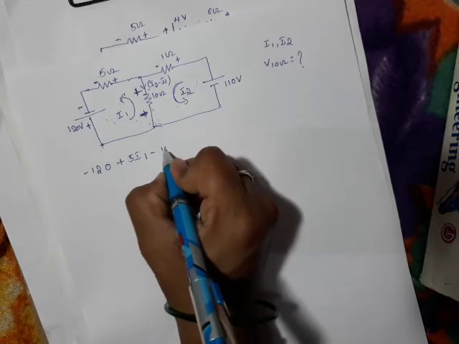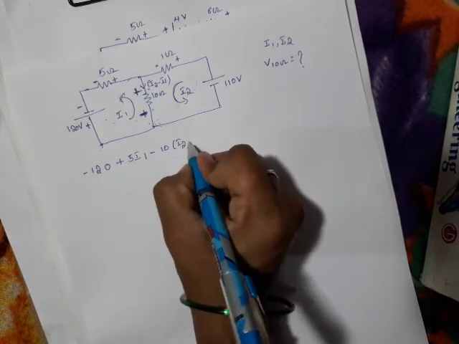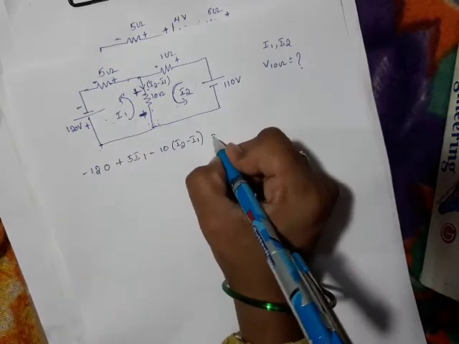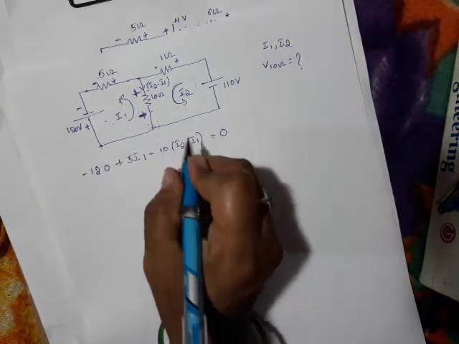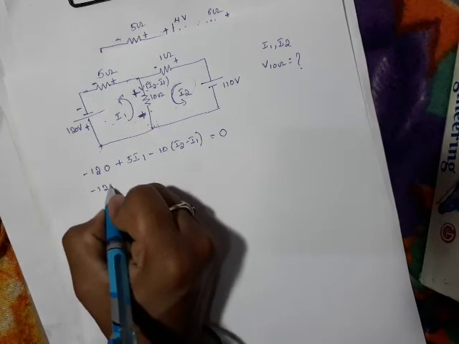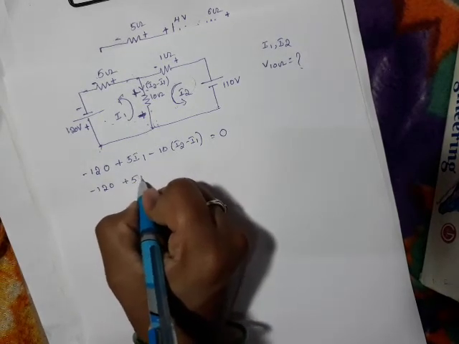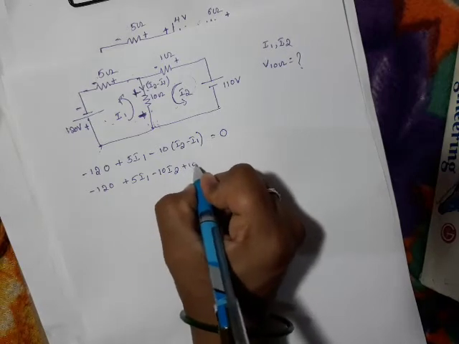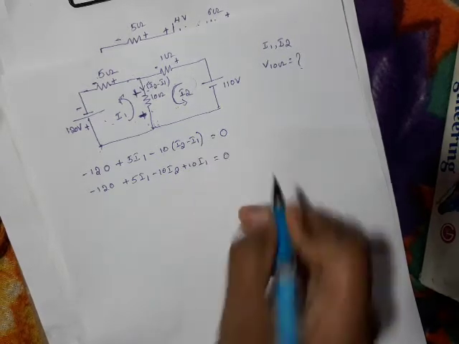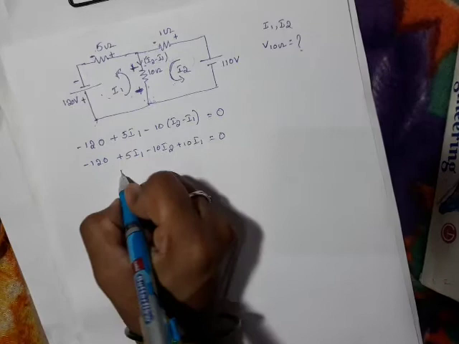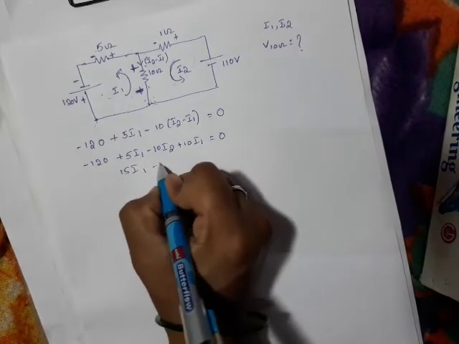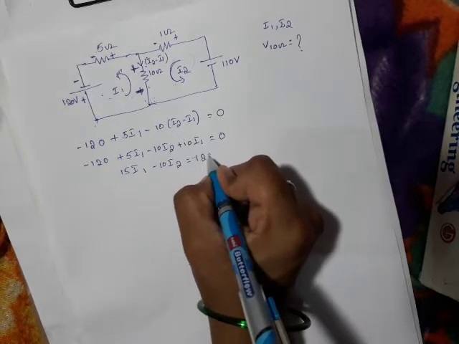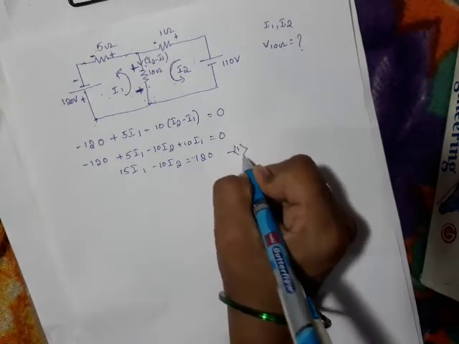So minus 10 into (I2 minus I1). We are done with the loop, equal to 0. So this is your first loop equation: minus 120 plus 5 I1 minus 10 I2 plus 10 I1 is equal to 0. So 15 I1 minus 10 I2 is equal to 120. This is your first equation.